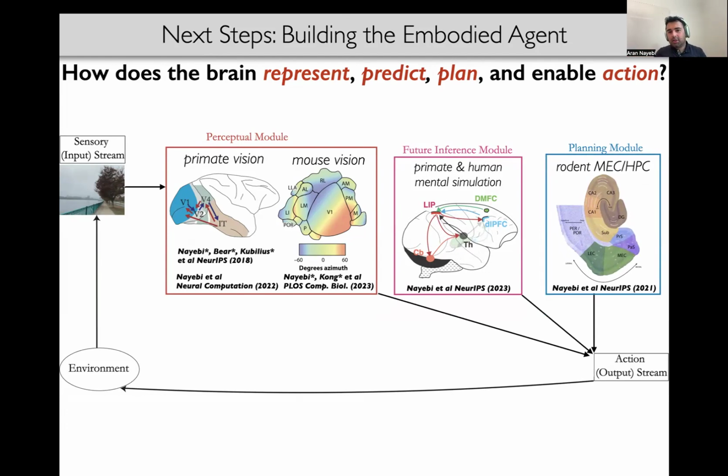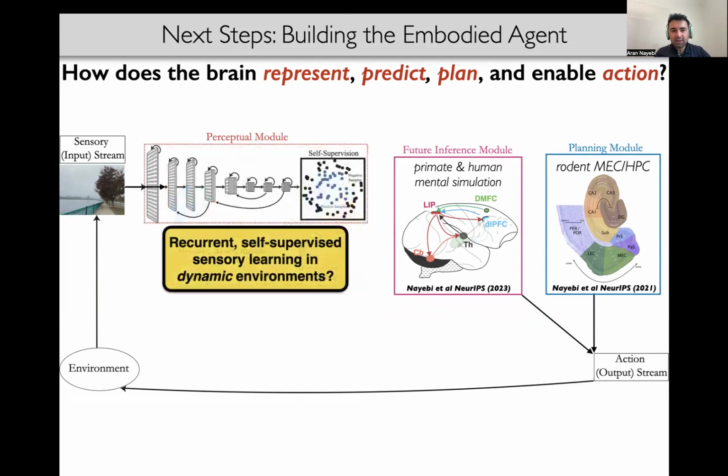But to really connect these together, I think we need to improve each of these components in a variety of ways. Specifically, I think we need to go beyond the static images that I showed you in the first talk, and study both the role of recurrence and self-supervision to enable sensory learning in dynamic environments.